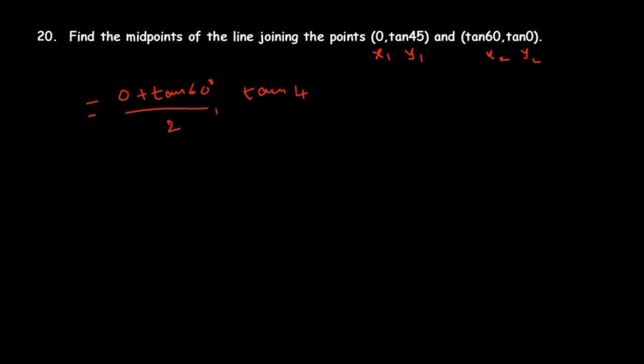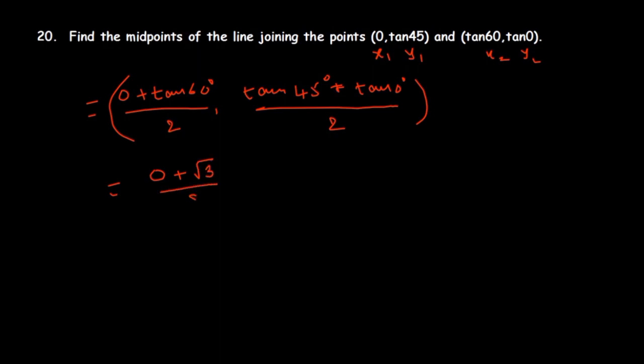So tan 45 degrees plus y2, which is tan 0 degrees, by 2. So 0 plus tan 60, this is root 3 by 2. Tan 45 is 1 plus tan 0 is 0, by 2. Then finally the answer we get here is root 3 by 2 comma 1 by 2.